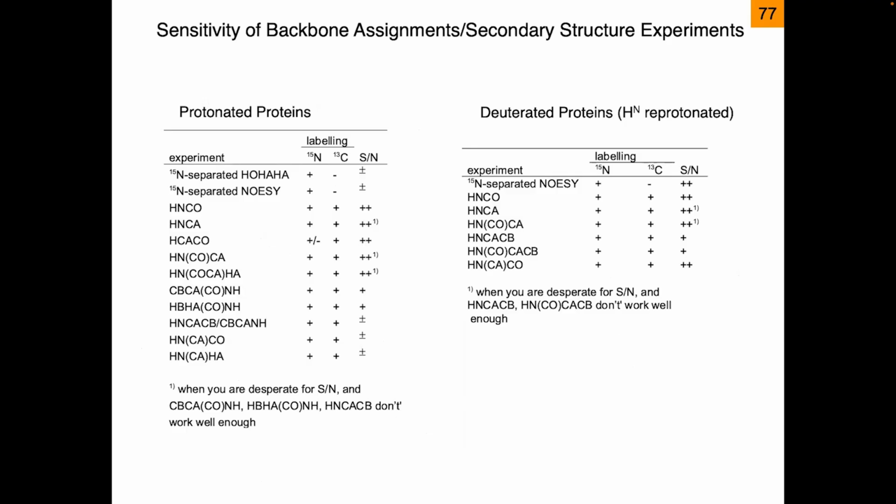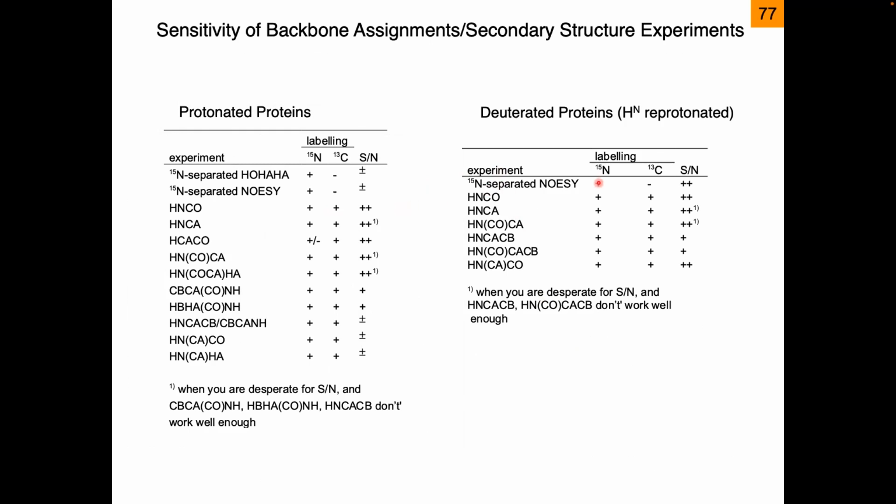Yeah. Now, I think I've just put together some kind of a sensitivity estimate of these different experiments. The HNCO is the most sensitive one that you can do. People often don't do it because it doesn't give you connectivity information, but for getting an idea how many resonances you can observe and to have dispersion and for sensitivity, it's the best.